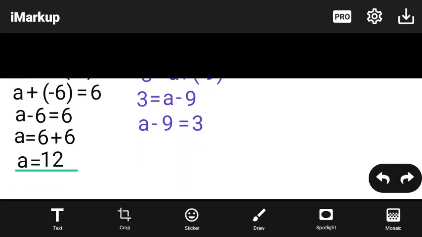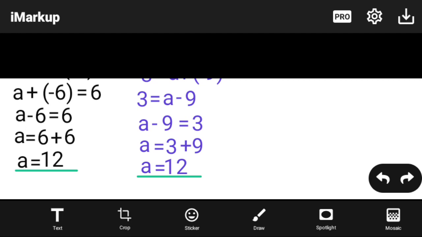Okay, so from there we'll say a is equal to 3, then the negative 9, when it crosses the equal sign, it will be plus 9. Then a there will be equal to, when you add 3 plus 9, it will give you exactly the same answer we got from the first equation, that is 12. So that is the answer for the first term.